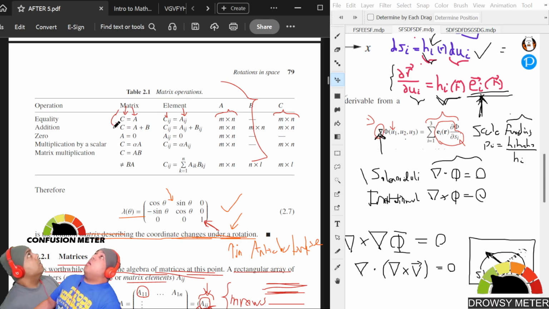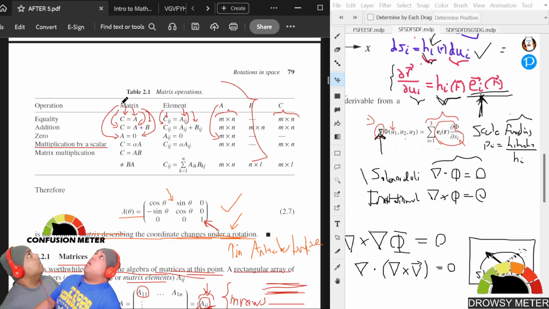If matrix C is equal to matrix A plus matrix B, that means Cij equals Aij plus Bij, where A, B, and C are m times n matrices. Matrix A is a zero matrix: A equals the 0 matrix, the elements Aij are equal to 0, and A is m times n.